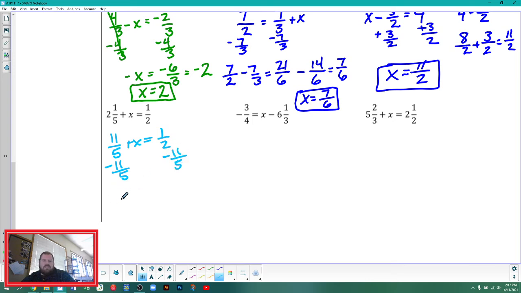And we're going to have to find some common denominators again. X is going to be equal to, let's turn them into tens. 5/10 minus 22/10. 5 minus 22 is going to be a negative 17. So x is going to equal negative 17 over 10.